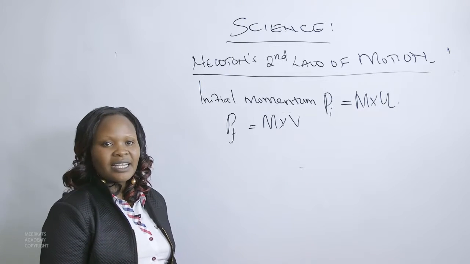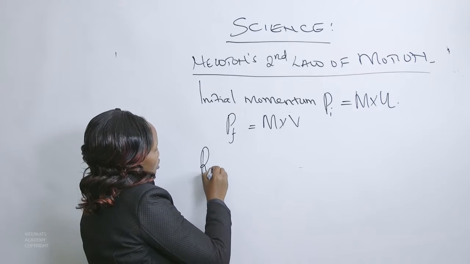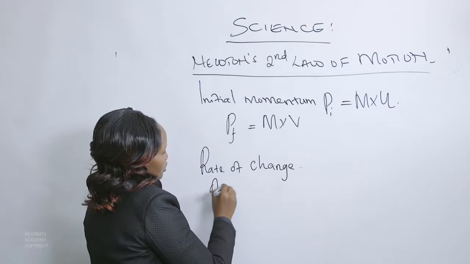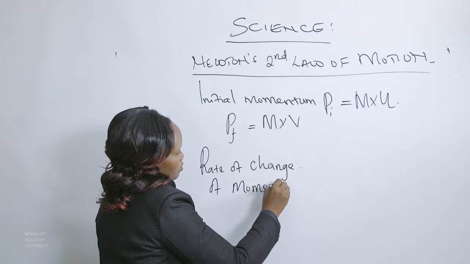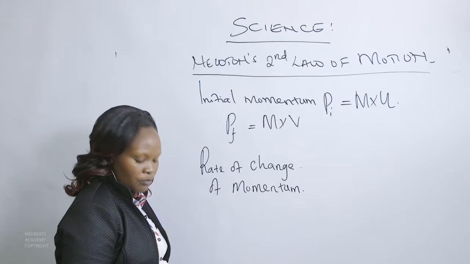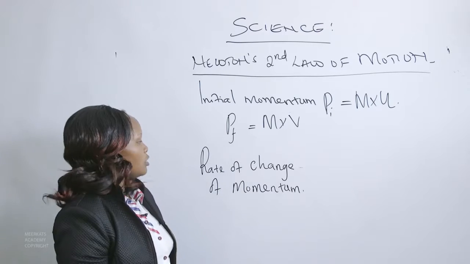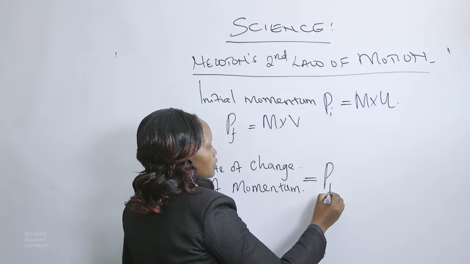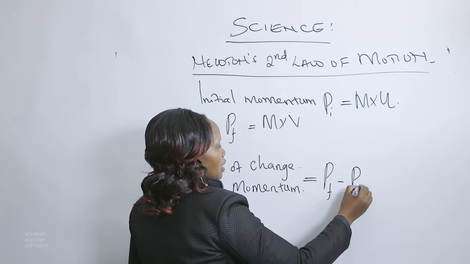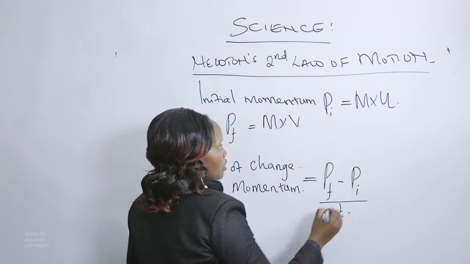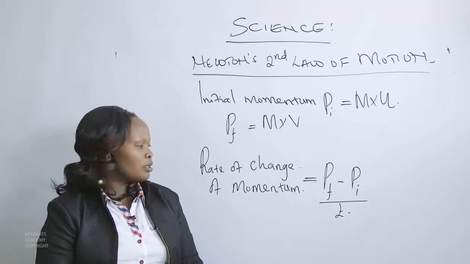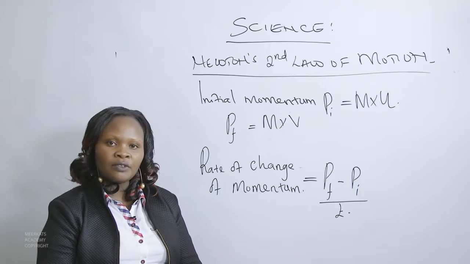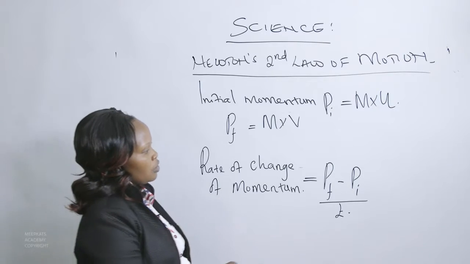Now, of our interest is the rate of change of momentum, which is going to be given by final momentum, we subtract the initial momentum over a given time t, which is the duration that has been involved in the realization of our change.